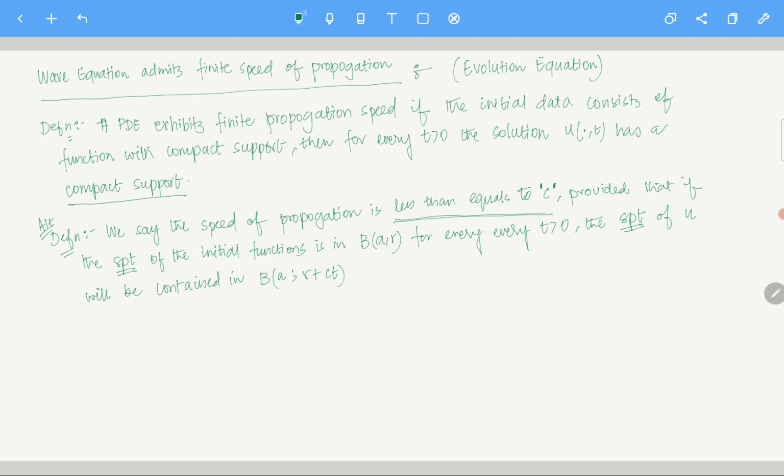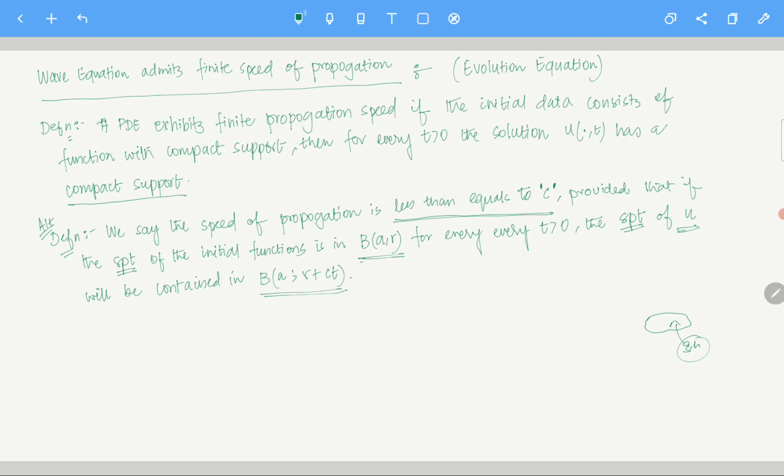So it means that if you start with G and H supported in the ball with center a and radius r, then the support of the solution u, very vaguely speaking, is where the solution will be non-zero. So outside this ball the solution is going to be 0. Clear?